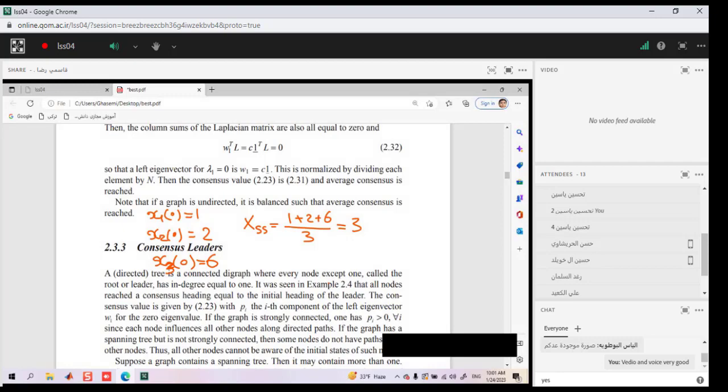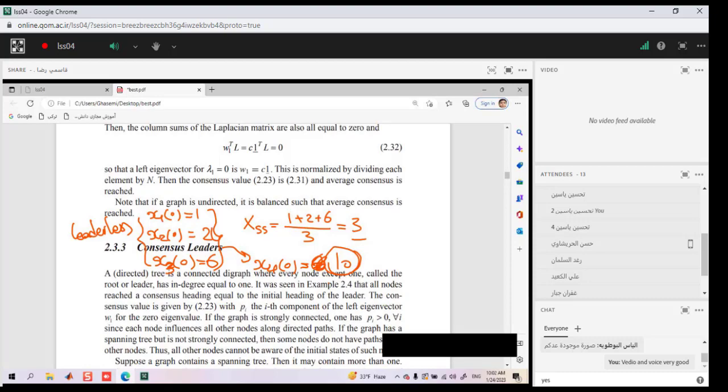The final value of the system is 3. If we don't have a leader, this is leaderless. If we have a leader, for example, x4 0 equal to 10, all of these agents should follow the leader and reach 10.